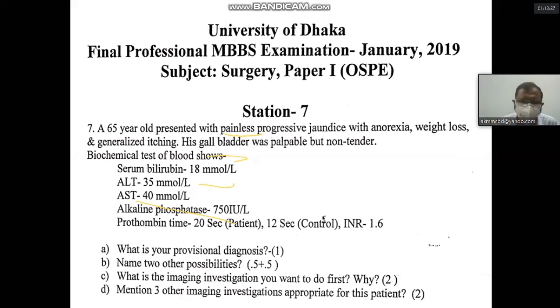What are the findings you will see in the ultrasonogram of hepatobiliary system and pancreas? Dilated common bile duct. Okay. There will be both extra and intrahepatic biliary channels dilated. Next.